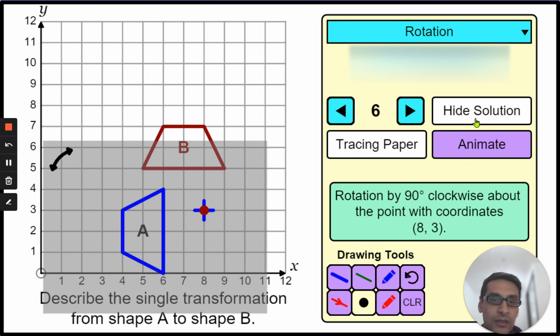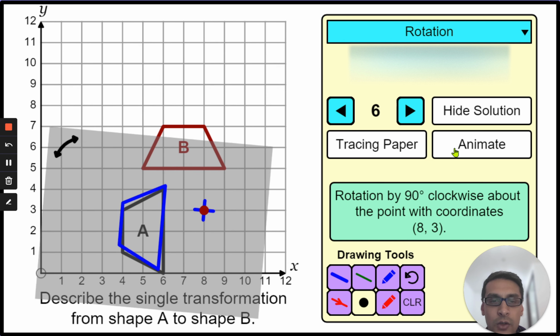The typical solution will be rotation by 90 degrees clockwise about the point with coordinates 8, 3. The other answer would be 100% correct as well. It's important you have all 3 things listed. In summary, you need to use a bit of trial and error when you are finding the center of rotation.